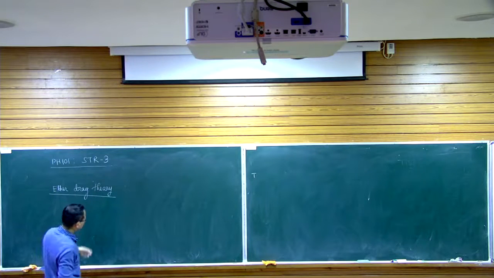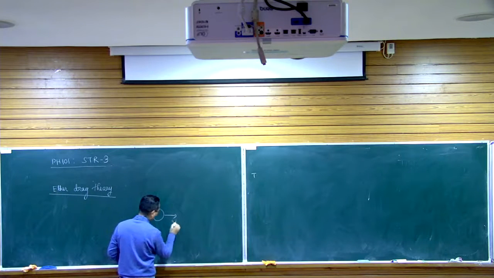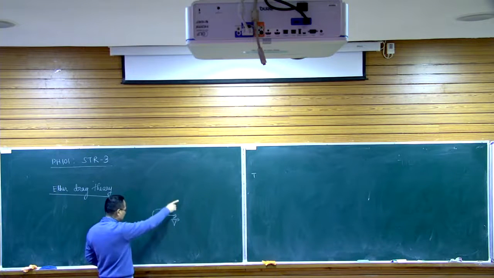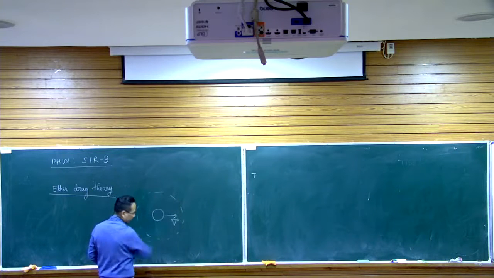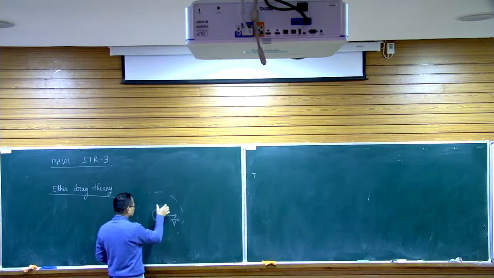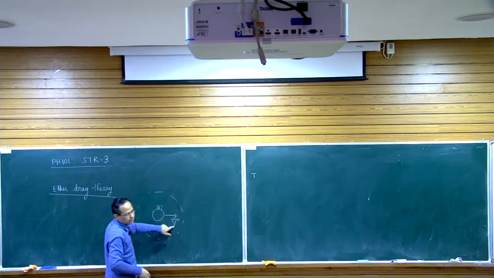In order to explain this, it was assumed that the Earth is moving with a velocity v with respect to the ether frame, but due to the gravitational pull of the Earth, some part of the ether is dragged by Earth. So when this experiment was performed, this region was also occupied by ether, and the ether medium was dragged by Earth with the same velocity v.